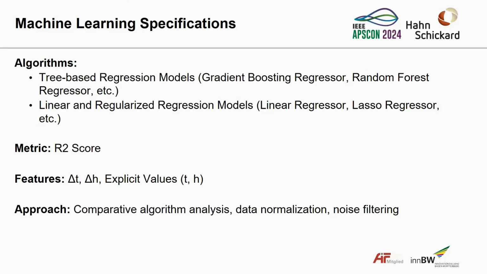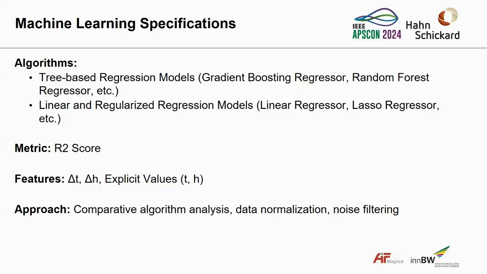So we use 2 kinds of machine learning models: tree-based regression models and linear and regularized regression models. We use R2 score as a metric because we want to ascertain the repeatable behavior, that is, at what point our machine learning model becomes precise in predicting. For the features, we use delta temperature and delta humidity, the change in temperature and change in humidity.